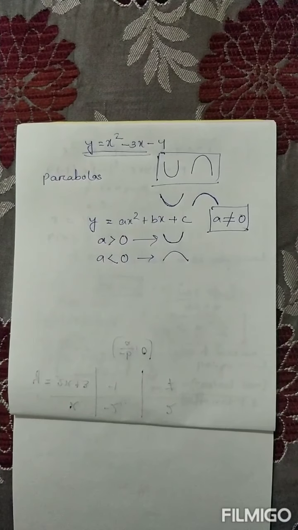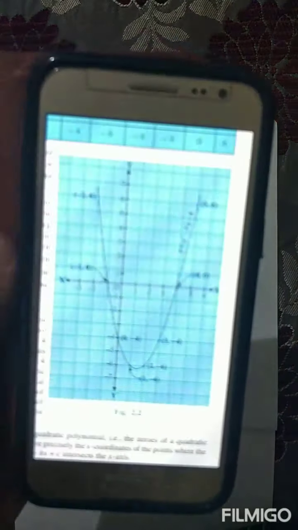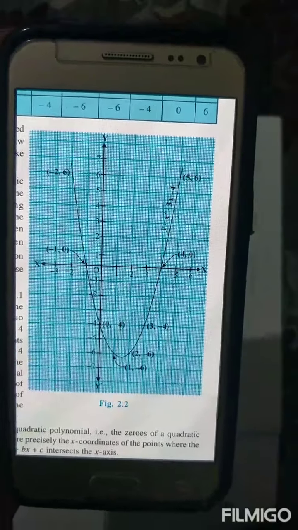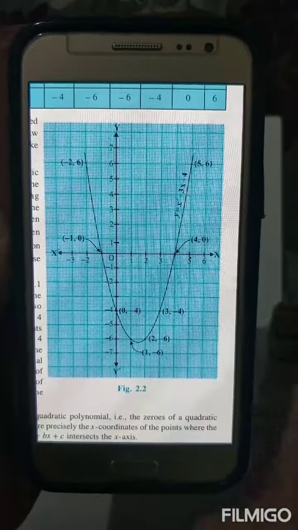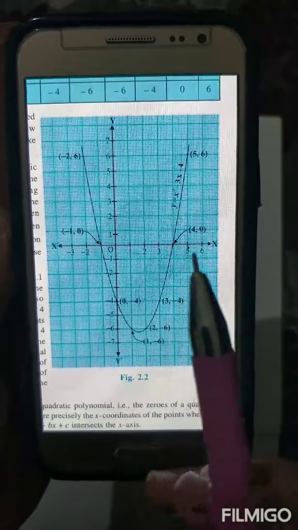From the previous class you must be clear that the zero or the root of an equation means the point at which it intersects the x-axis. So see the graph I am showing you here. Check at which points the graph has intersected the x-axis. Yes, you are correct, it has intersected at two distinct points.